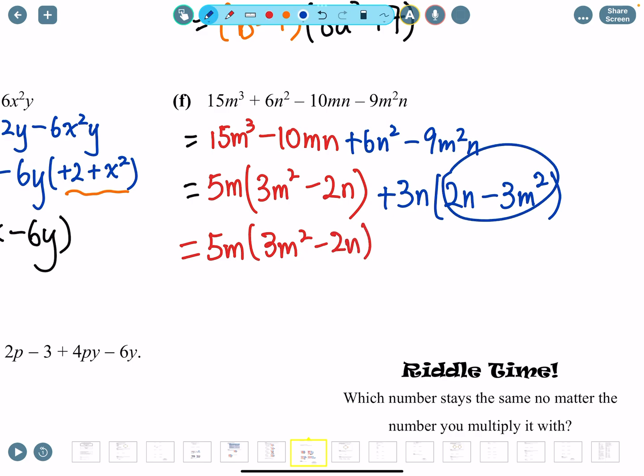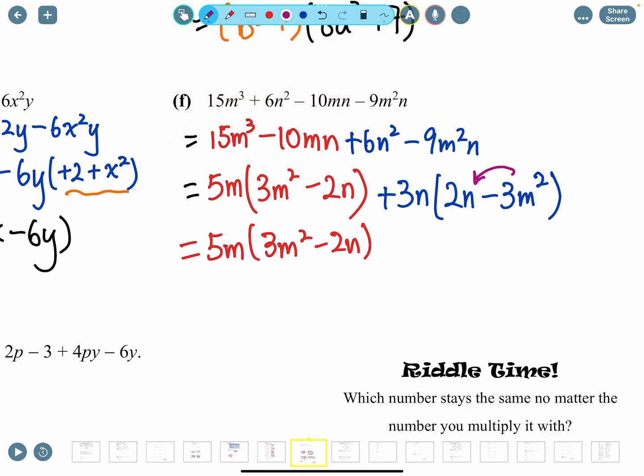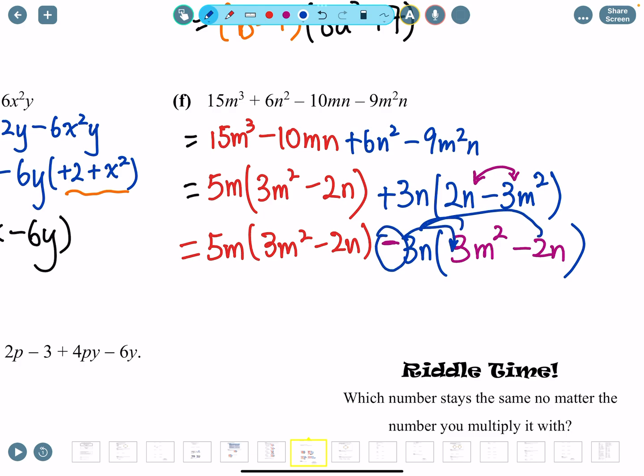And for this one, in order for me to swap it, I use purple. What I mean by swap is, I will change the sign. I will have a positive 3 now, positive 3m squared, and a negative 2n. You need to compensate for this by adding a negative in front. So I'm going to have a negative there now. Negative 3n times this one. Because if you do a rainbow method, the negative will affect the sign, right? So that's why we factorize a negative out.